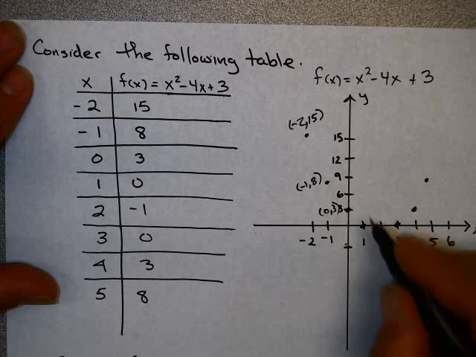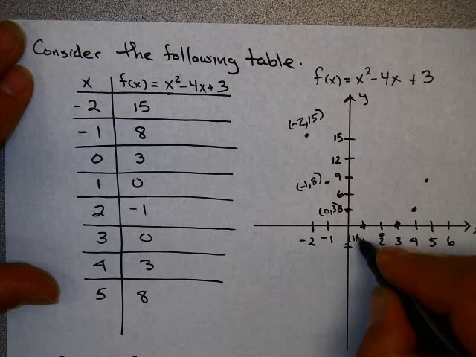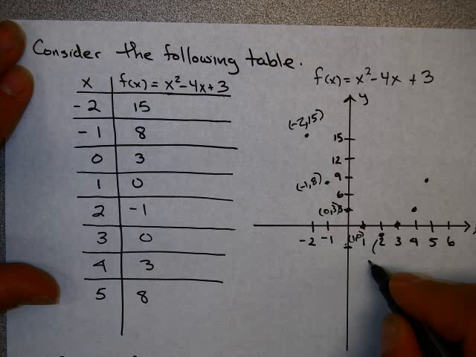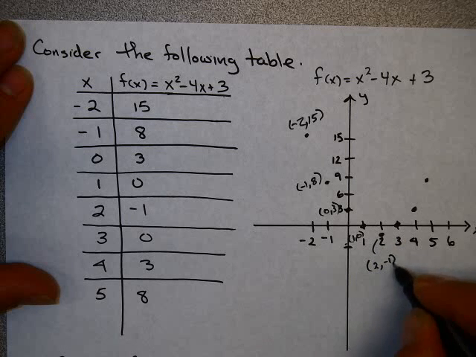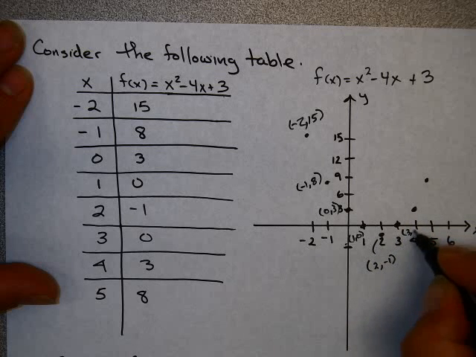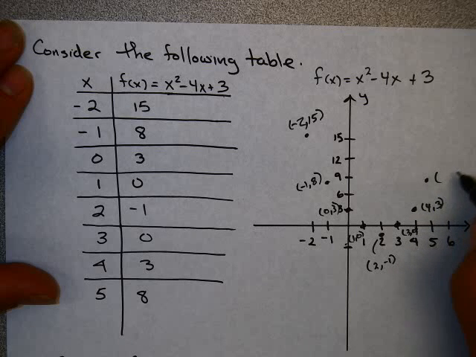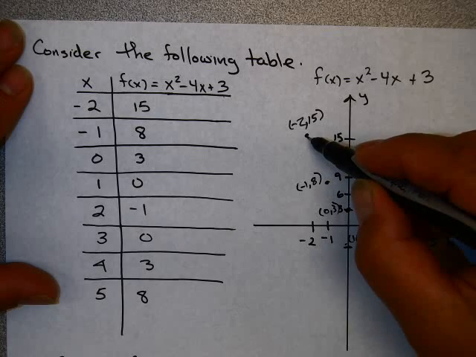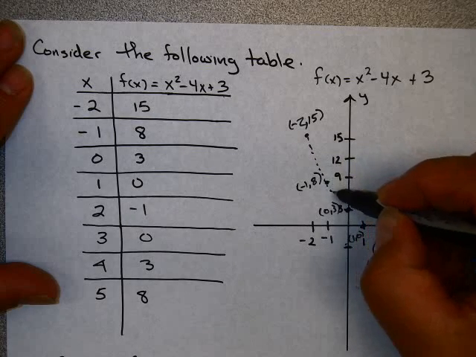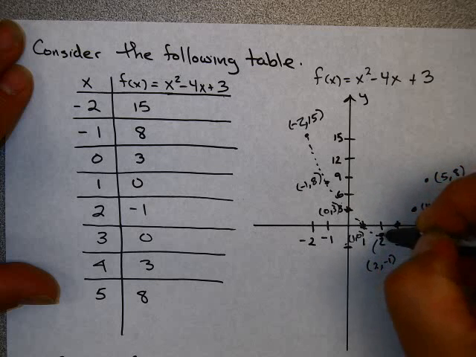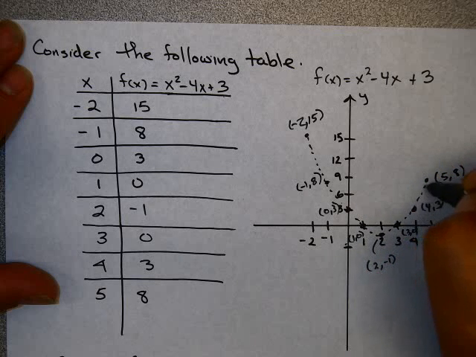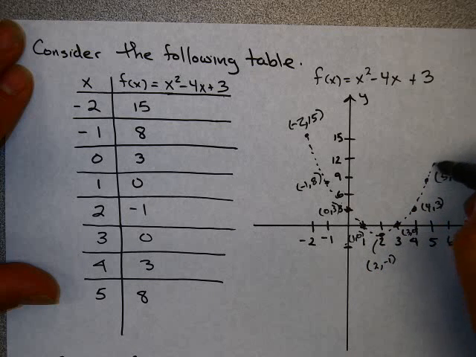So just to emphasize here, I'm going to label these points: negative 2, 15; negative 1, 8; 0, 3; 1, 0; 2, negative 1; 3, 0; 4, 3; and 5, 8.